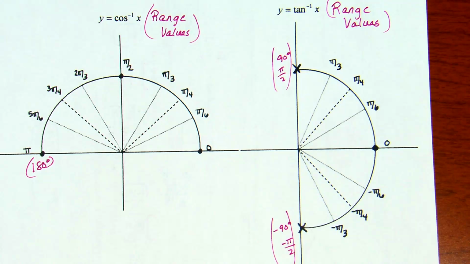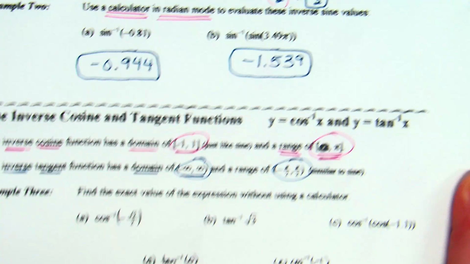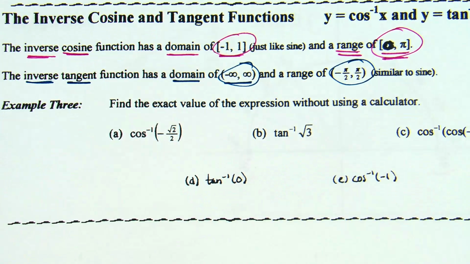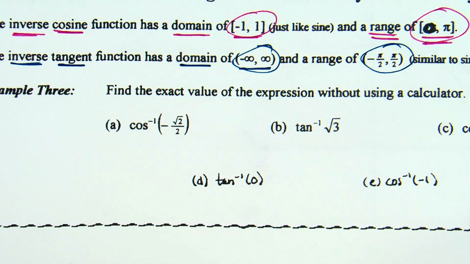And we can go back and look at some examples. So cosine, example A. Oh, and note the directions. Find the exact value, so not a decimal value, without using a calculator. So cosine inverse of negative square root of 2 over 2. Well, if you remember what I kept doing yesterday, I would personally check the domain.